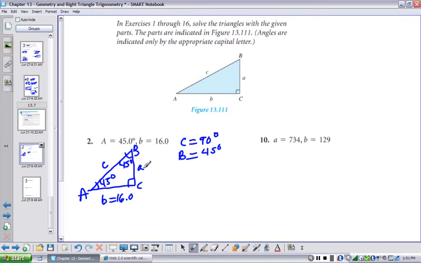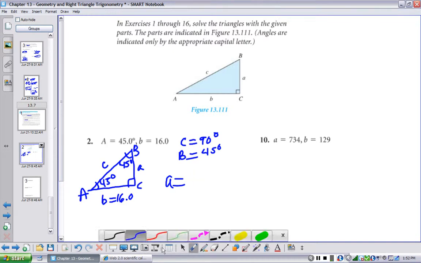Well, let's talk about how to do that. Side b was 16, and we were given angle A at 45 degrees. So if I want to find a, I have opposite over adjacent.